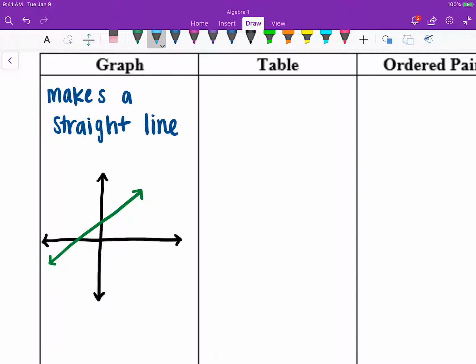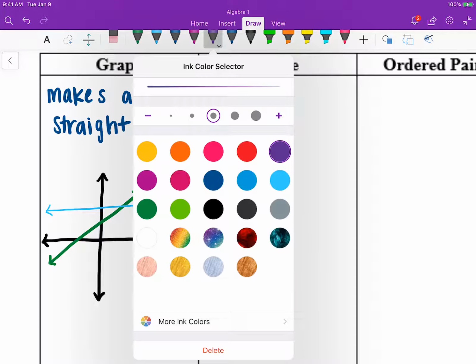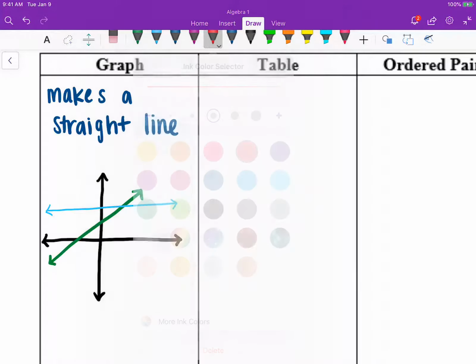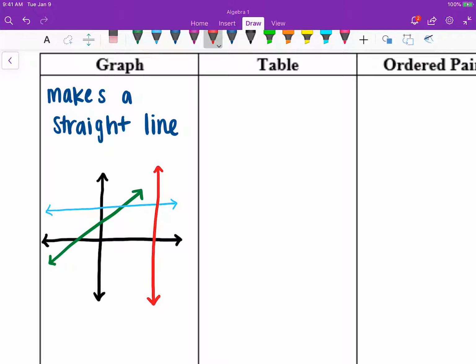Or it could even be like a horizontal straight line like that. It could even be a vertical line. So if I were to draw a vertical line, it could look like this as well. Or it could even look like that. Okay, all of those things are straight lines, and so all of these are linear functions.